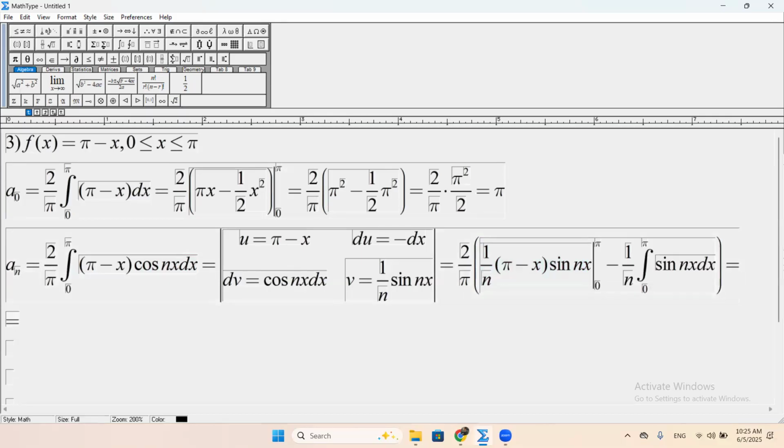Let's look at what we have here. This expression will be equal 0 because we have sine of Pn and sine of 0. So how will it be simplified? We will have minus 2 over Pn.